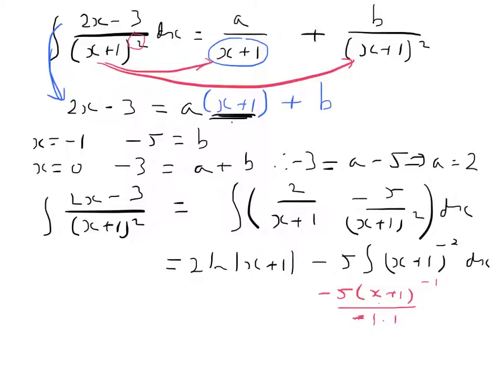So in other words, the answer is now 2 log of x plus 1, and the negative over negative plus 5 over x plus 1 plus c. So the power -1 took me back down to the bottom line. X plus 1, the negative divided by the negative is positive, and there you have it.